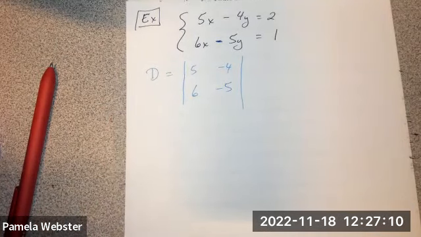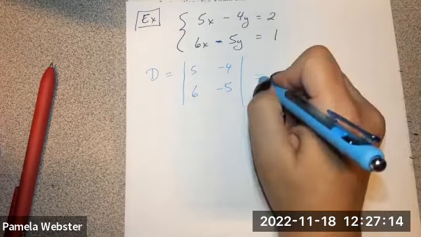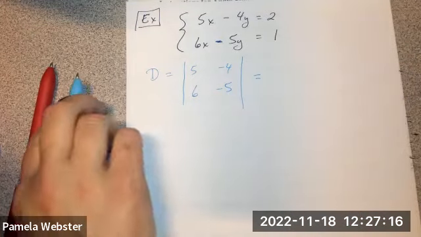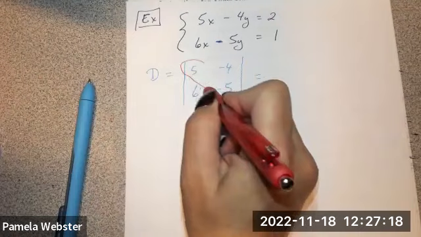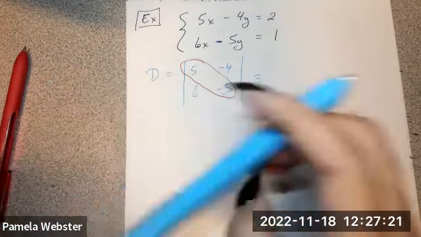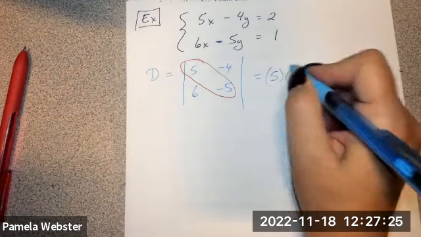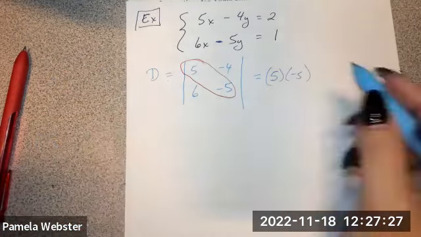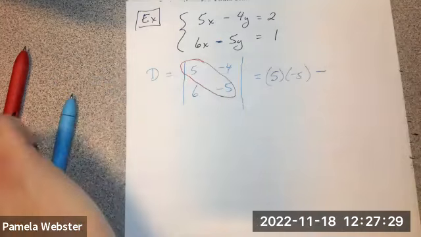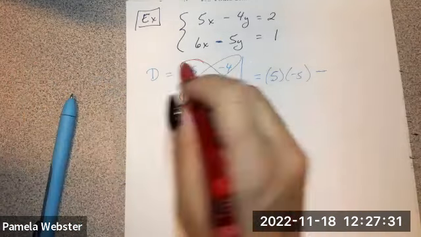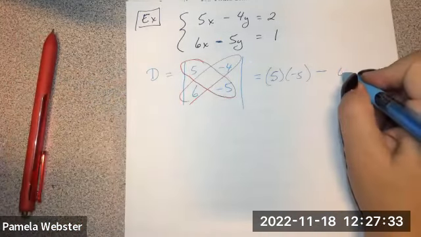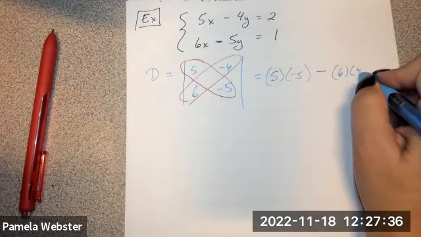There's my D. Let's do that because we just did several examples of that, and hopefully we ran through them pretty quickly, right? So remember my value is, start at the top left, get that diagonal, multiply them. 5 times -5. Then the formula had a minus, so I'm going to write it in there and then do my other diagonal. 6 times -4.